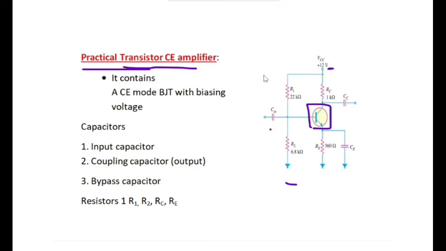collector terminal. If we go through the circuit, we can find that it is an amplifier circuit powered by a VCC voltage of 12 volts, and the biasing structure used in this practical CE transistor amplifier is potential divider bias, or voltage divider bias.